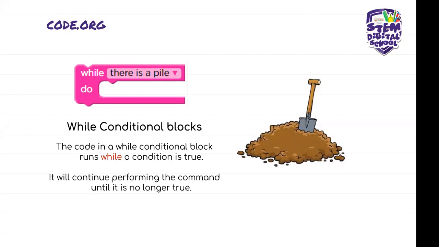Sometimes it will just take one scoop, sometimes it can take up to 7 or 8 scoops. It just depends on how big the pile is, or how big the hole is, and how many scoops she needs to put inside. It will continue performing that command until it is no longer true.